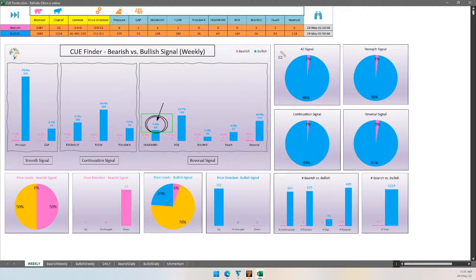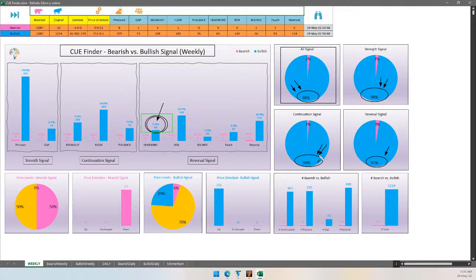Also, the overall signals in weekly interval are extremely bullish. Strength extremely bullish, trend continuation signals and reversals. Everything is almost 100%. If the market was not so oversold as it was at the end of the previous week, I would now look at these percentages and think it is too late to buy, because these are extremely high percentages all across the board.